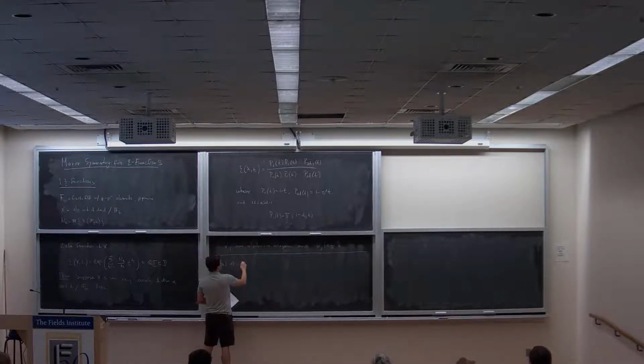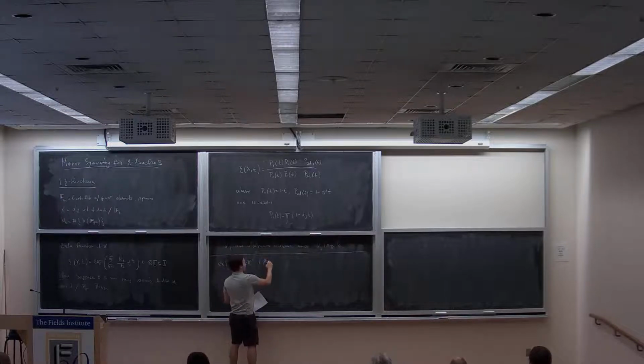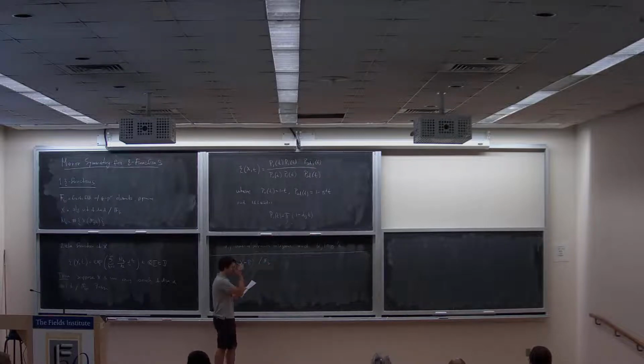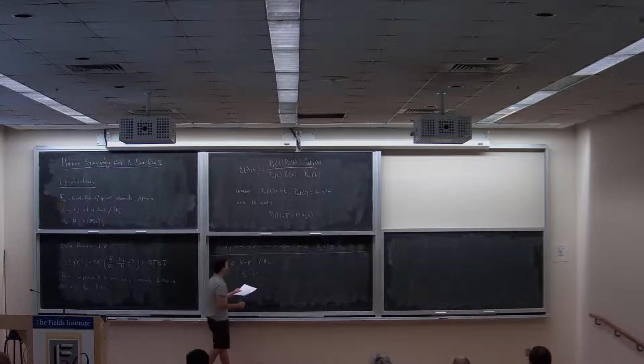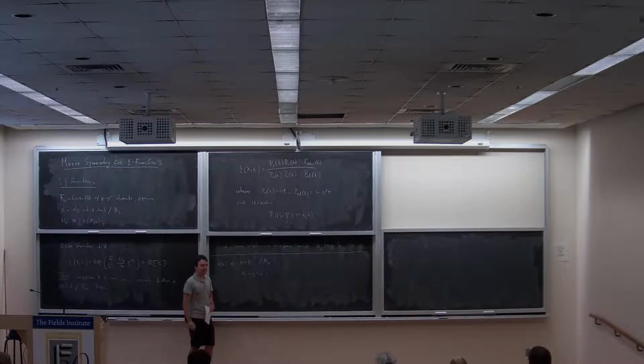I'll let X be the projective line over F_q. What does that mean? Well, first of all, these numbers N_k just equal q^k, the number of elements in F_q^k, plus 1 for the point at infinity.